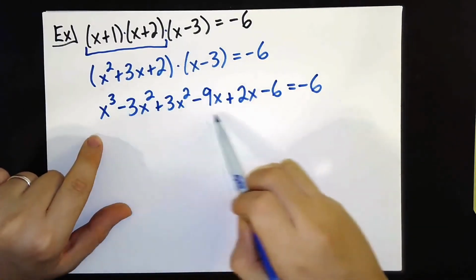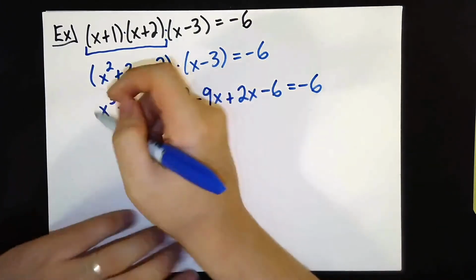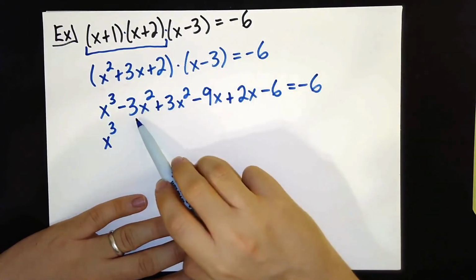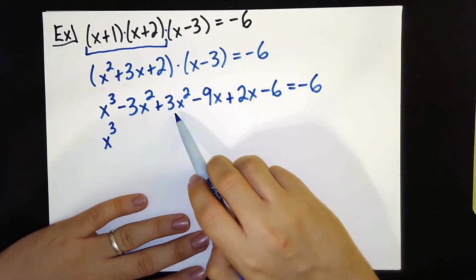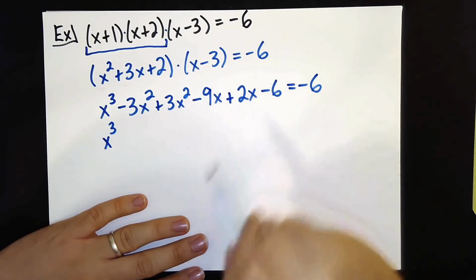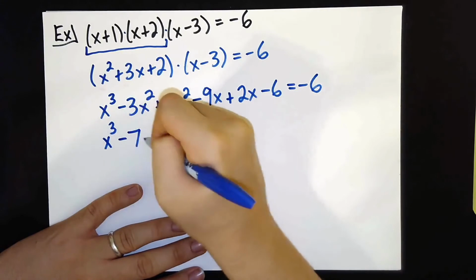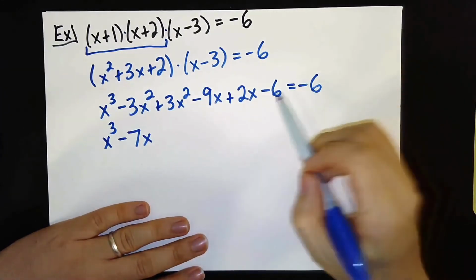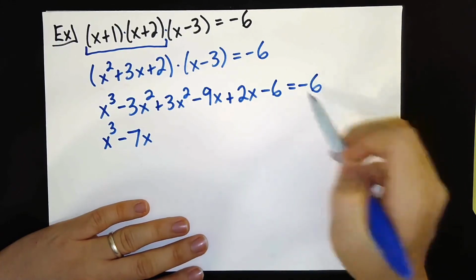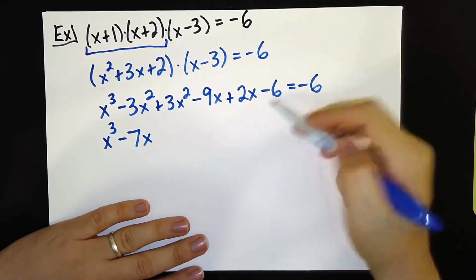I'll go ahead and collect this stuff to simplify it. So I've just got the 1x cubed. Actually, the minus 3x squared and the plus 3x squared cancel out. The minus 9x and the plus 2x, that'll be a minus 7x. And actually, the minus 6s also cancel because I need to add a 6 to get rid of this, and that also gets rid of that.